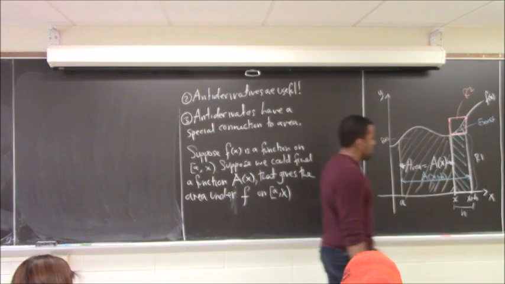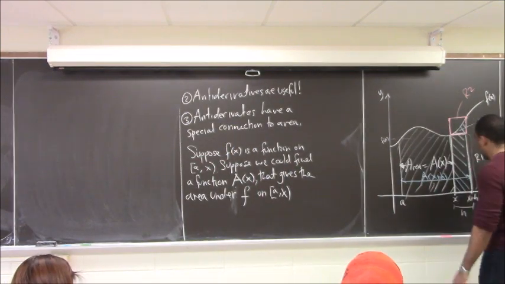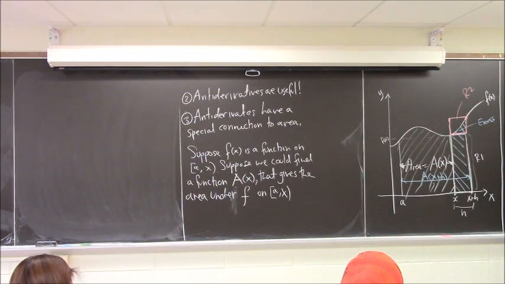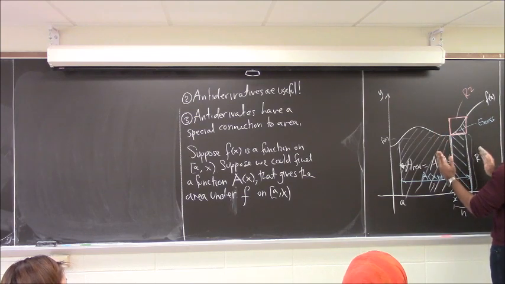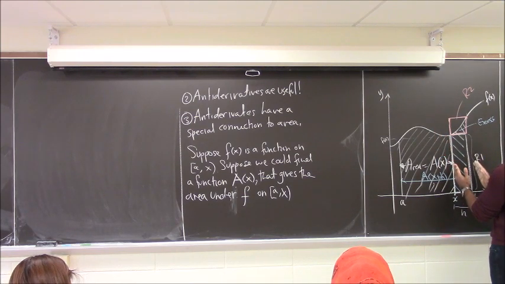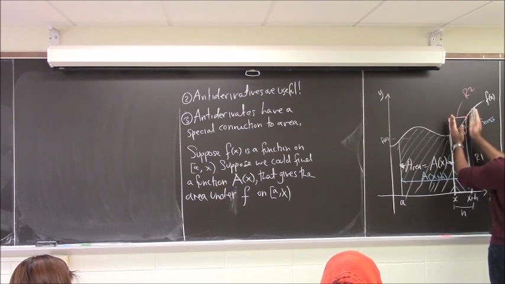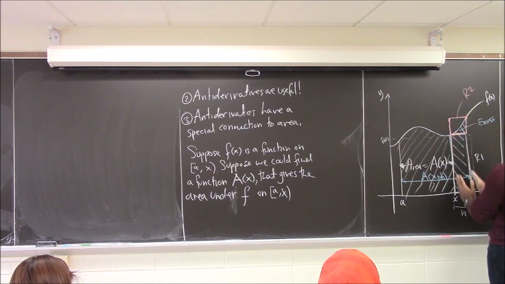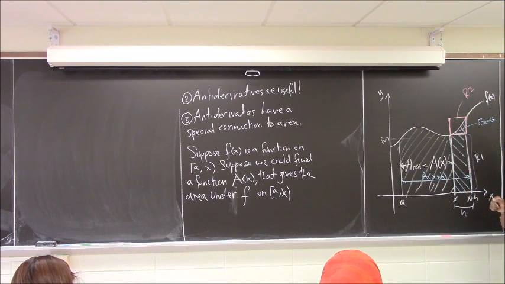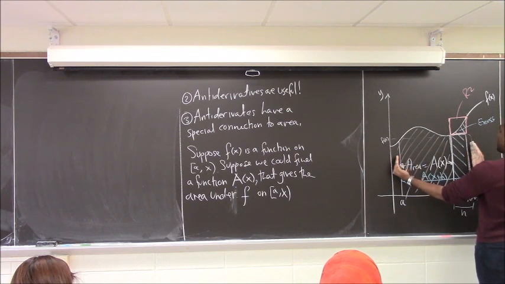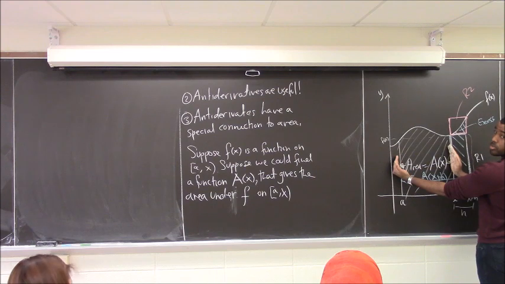So now let's talk about the following idea. If I really only cared about the blue area, one way I could find the blue area is to take the entire area up to here and subtract the entire area from there.